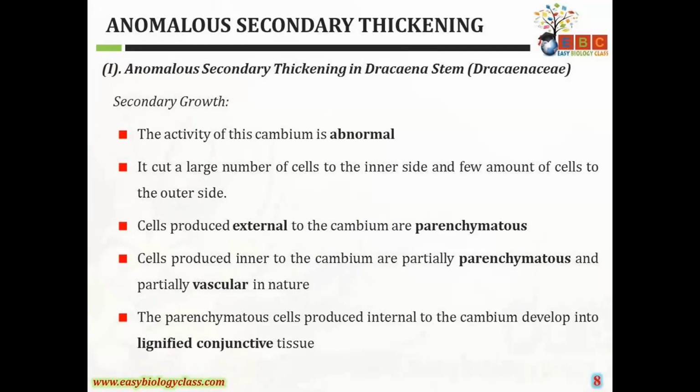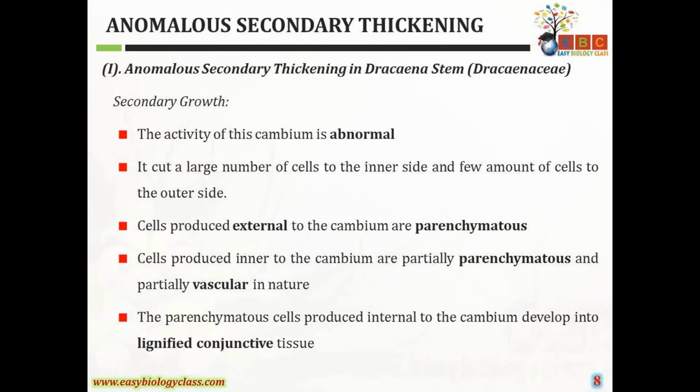It cuts a large number of cells to the inner side and a small number of cells to the outer side. The cells produced external to the cambium are parenchymatous, and the cells produced internal to the cambium are partially parenchymatous and partially vascular in nature.